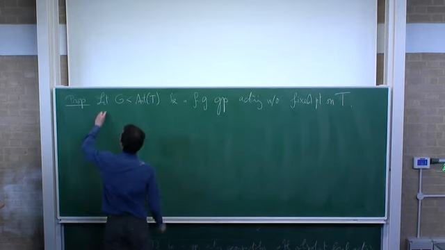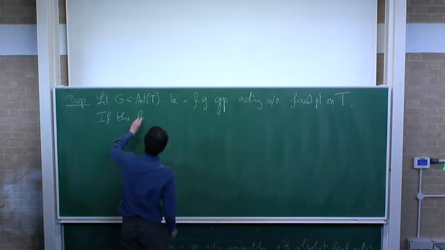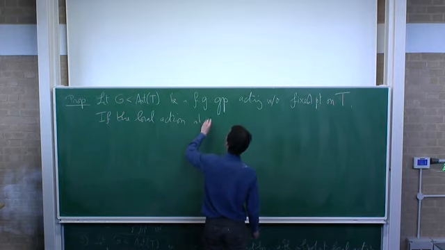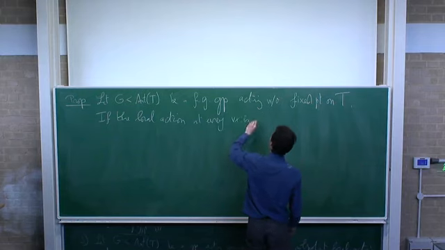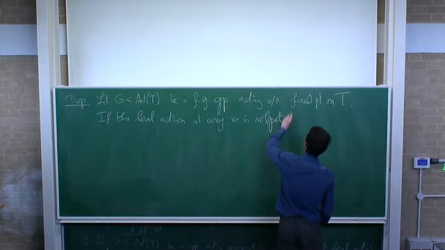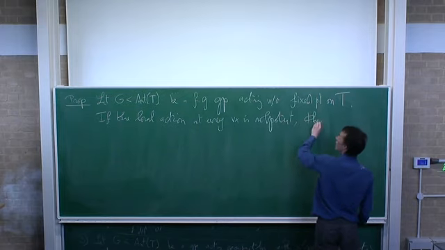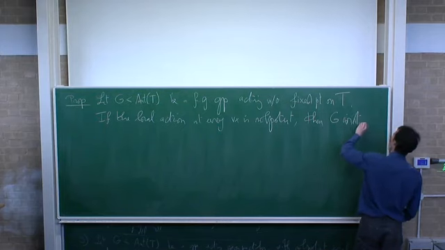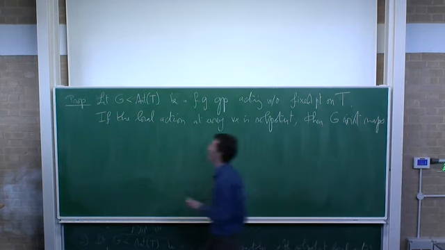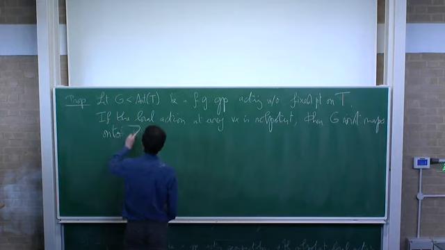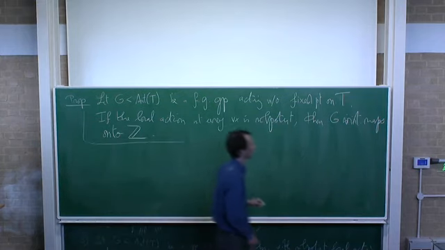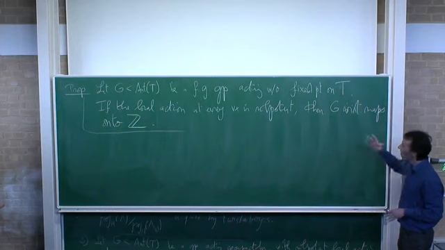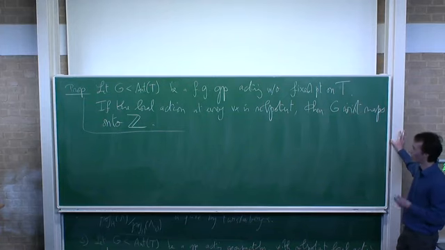If the local action at every vertex is nilpotent, then G virtually maps onto Z. And here I don't need fixed point free, and again I don't really need nilpotent, I need something else.